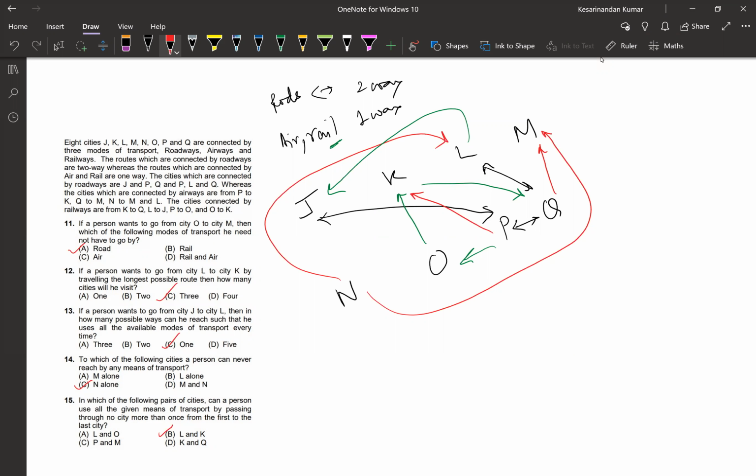Now, after that you have Q. How can you reach Q from O? You can reach it by K and then O, or directly. Is any other route possible? No, there is not. So the only thing that's left is road. I missed out on the "not" part, basically.